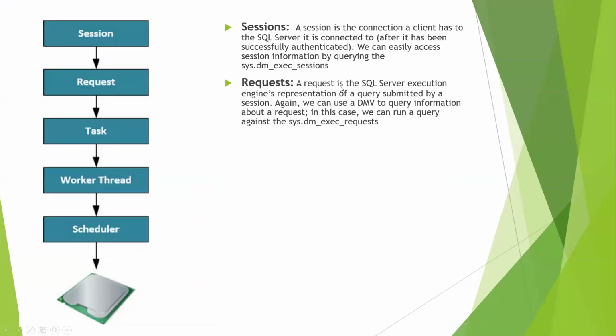Request. A request is the SQL Server execution engine's representation of the query submitted by a session, right? A request is basically when I'm executing a select statement; that will be considered a request.